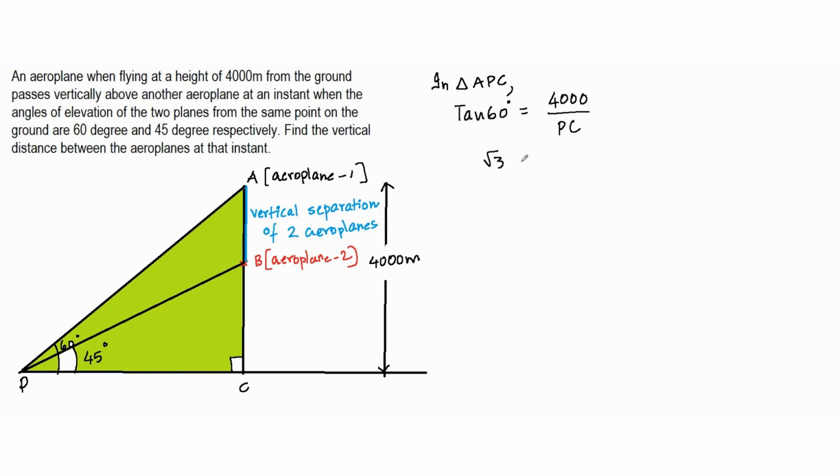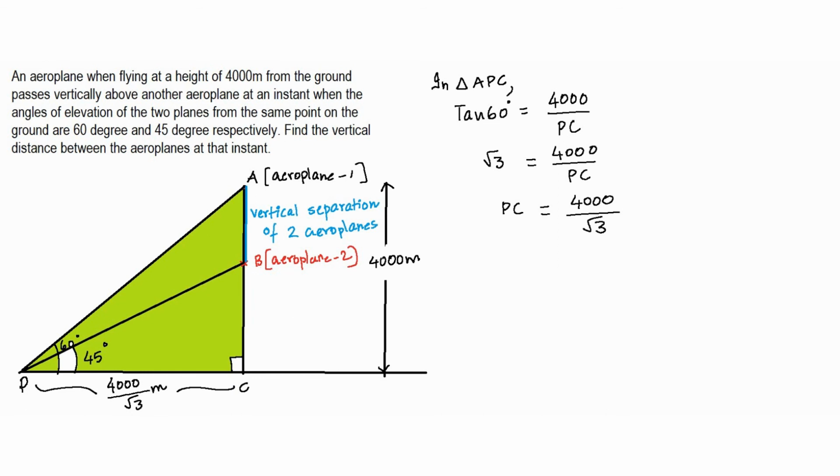Now tan 60 is root 3, so root 3 is 4000 divided by PC, which means PC is equal to 4000 divided by root 3. So this length is 4000 divided by root 3 meters. This is the horizontal length PC.